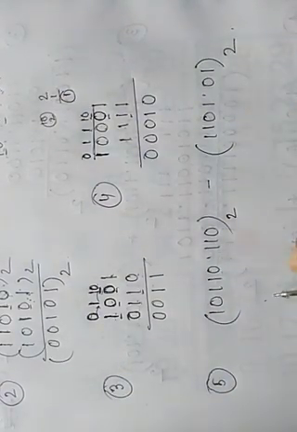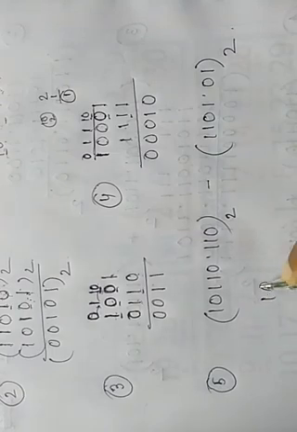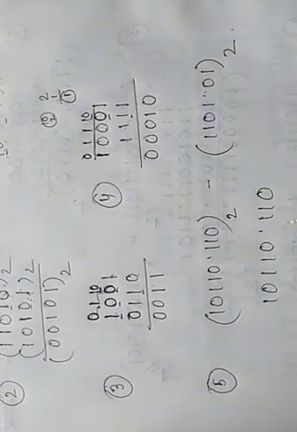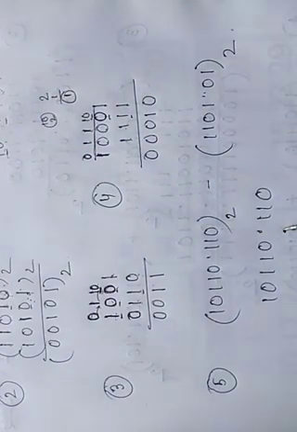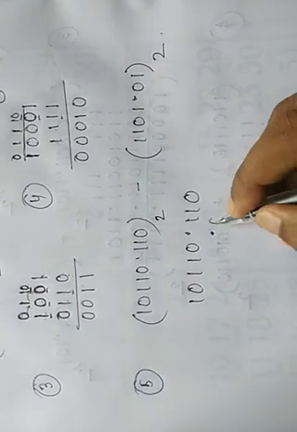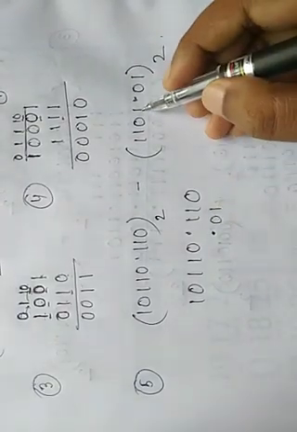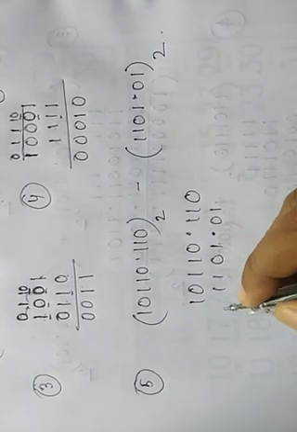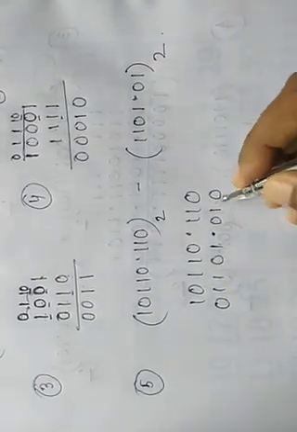Obviously both numbers do not have the same number of digits, so first write the first number. Now place the decimal point at its own place. Now here is 01, and here is 1011. You should place 0 here, and you should place 0 here.